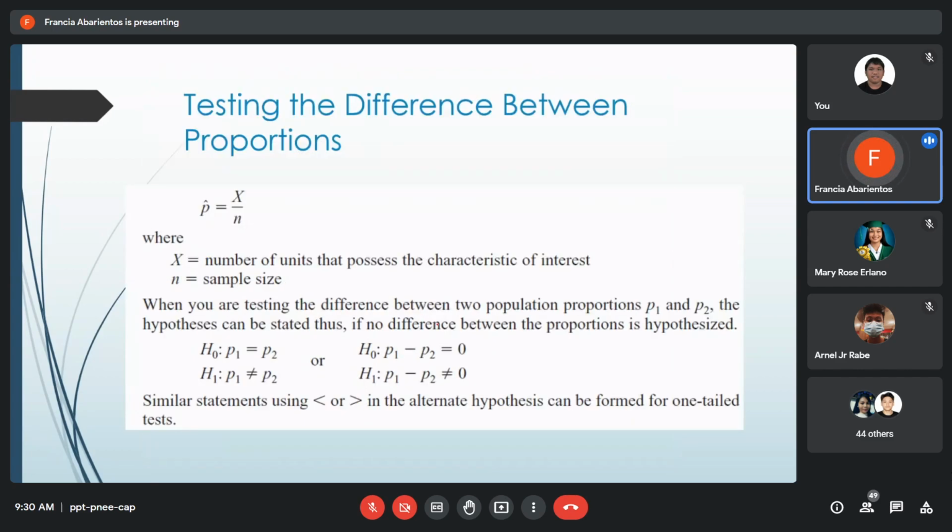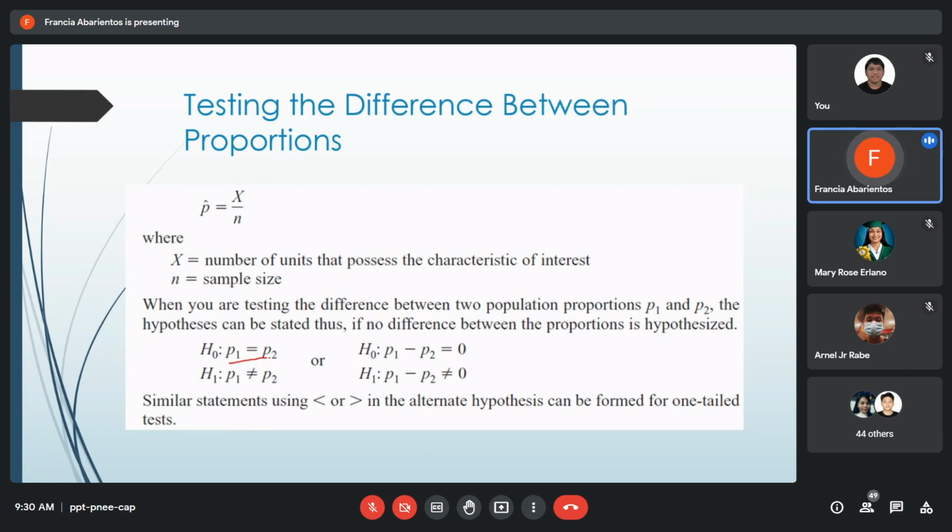So, next now, we have to test the difference between proportions. Alam naman natin yung proportion class, that is the number of units that possess the characteristic of interest over the sample size. So, when testing proportions class, we always state that there is no difference between the proportions.